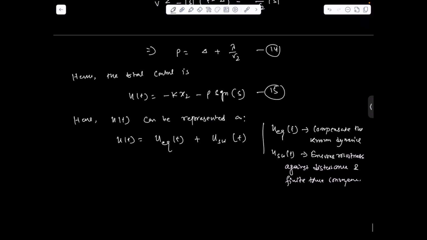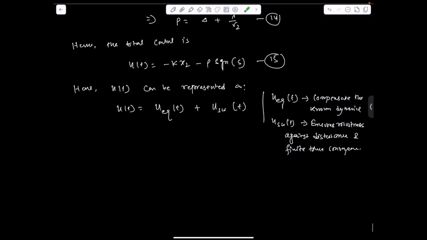The u_eq is called the equivalent control, and the u_sw is called the switching control. So from this equation, u_eq is minus kx2 and u_sw is minus rho sgn(s). So this is our overall sliding mode control for the dynamics in equation 1.